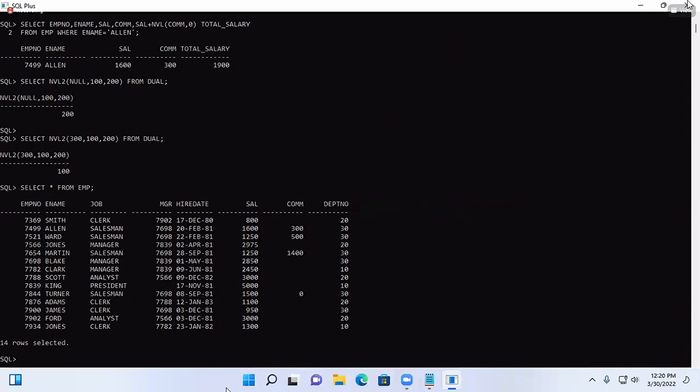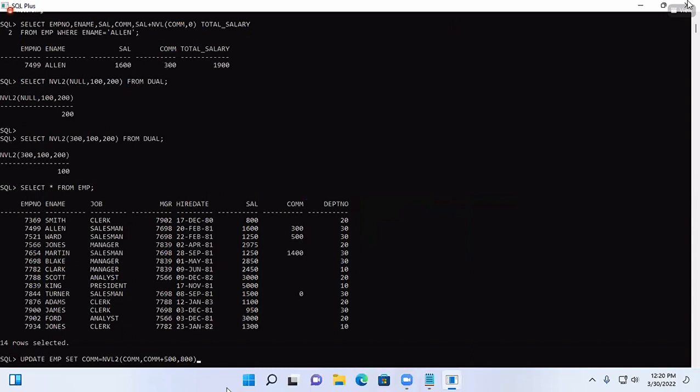Now which command do I write here? Update EMP set, which column? Commission is equal to NVL2 of commission, comma, commission plus 500, comma, 800. Is a where condition required or not required?